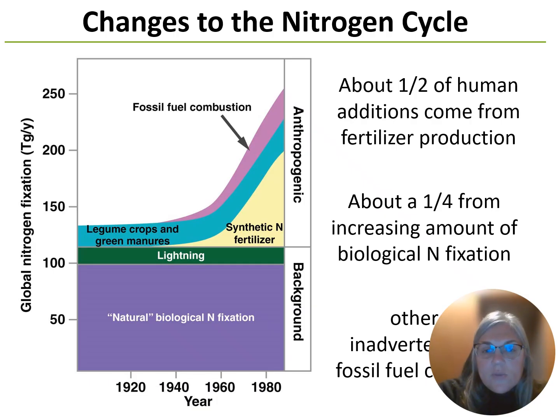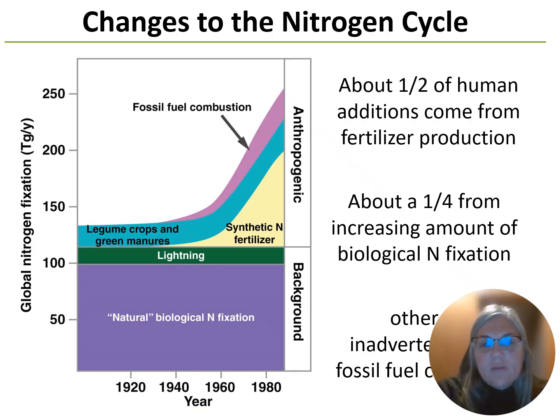So not only do we get fixation through this Haber-Bosch process, which is that yellow part, that's synthetic nitrogen fertilizer, we also are increasing fixation rates because we're increasing planting crops that have a symbiotic relationship with bacteria to fix nitrogen. So all our legume crops and our green manure help also fix nitrogen. So we're adding more crops that fix nitrogen.